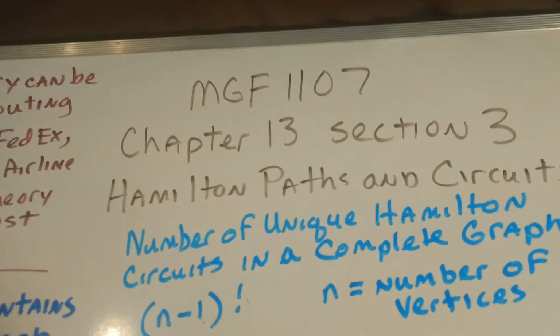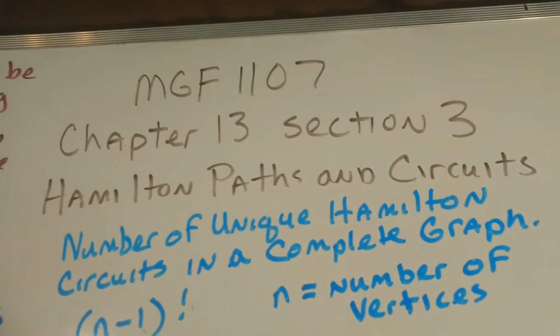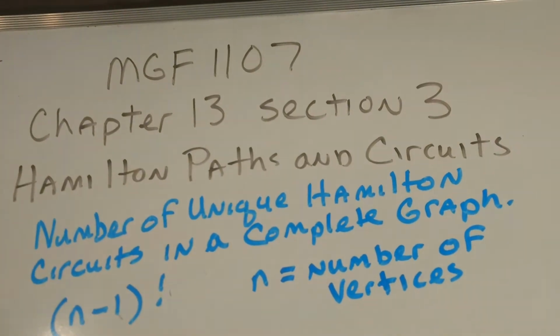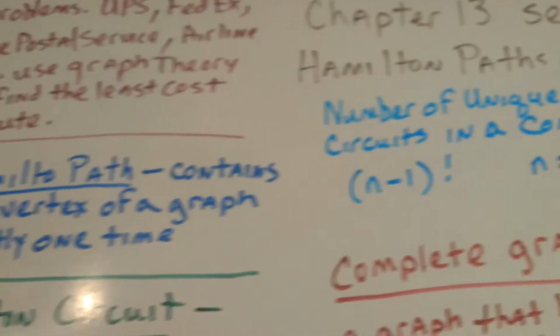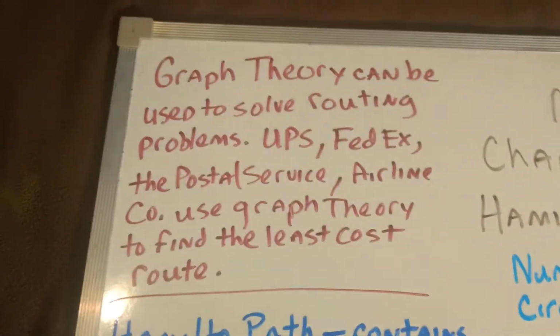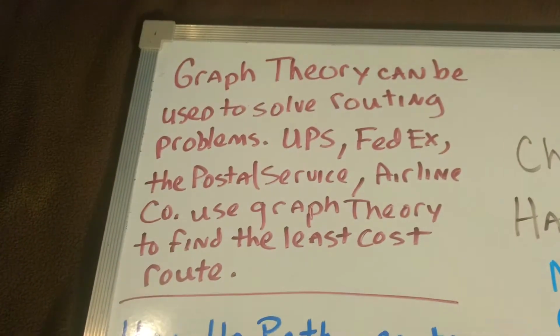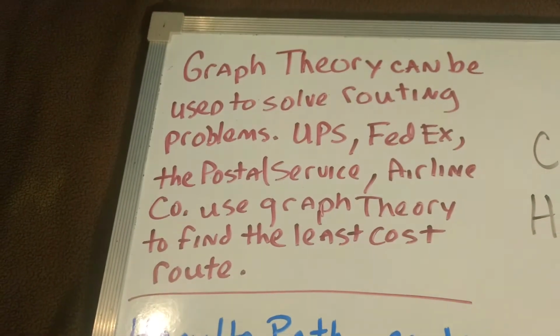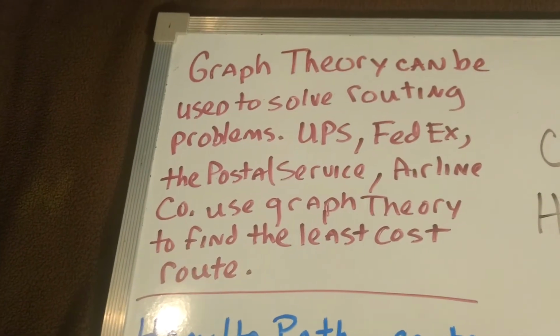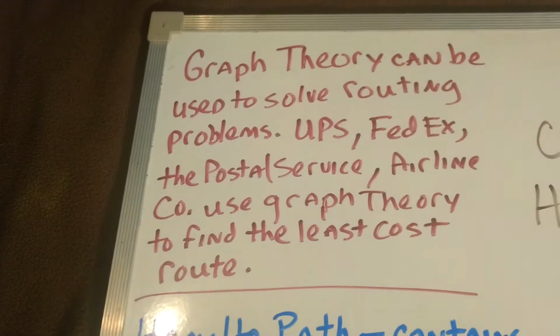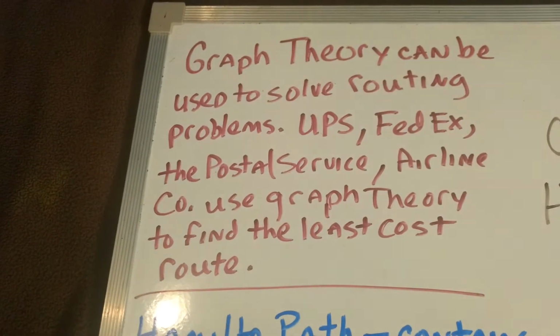MGF 1107, Chapter 13, Section 3 deals with what we call Hamilton paths and Hamilton circuits. Now, first of all, everything we've done in this Chapter 13 deals with graph theory. You need to understand that graph theory is not what you're commonly used to, say, in algebra or pre-calculus, things like that.